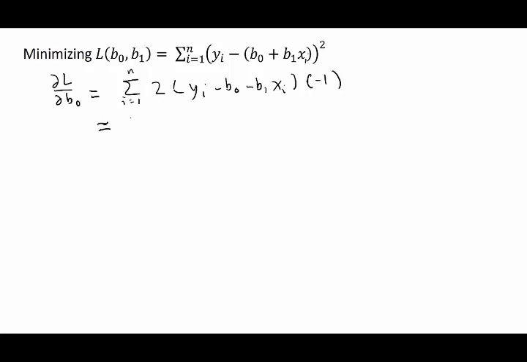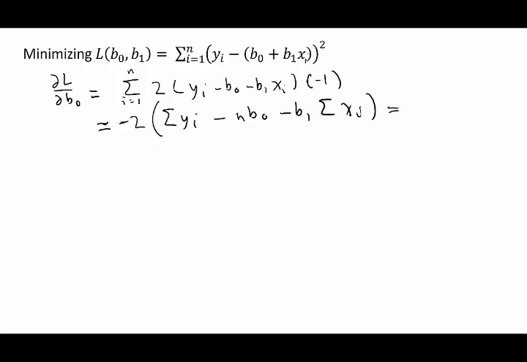I'm going to pull out the 2, and I'll also pull out the negative 1. Then we're going to get the sum of yi's, minus, now b naught is a constant, so when I sum up from 1 to n, I'm just going to get n times b naught, and then minus b1 times the sum of the xi's.